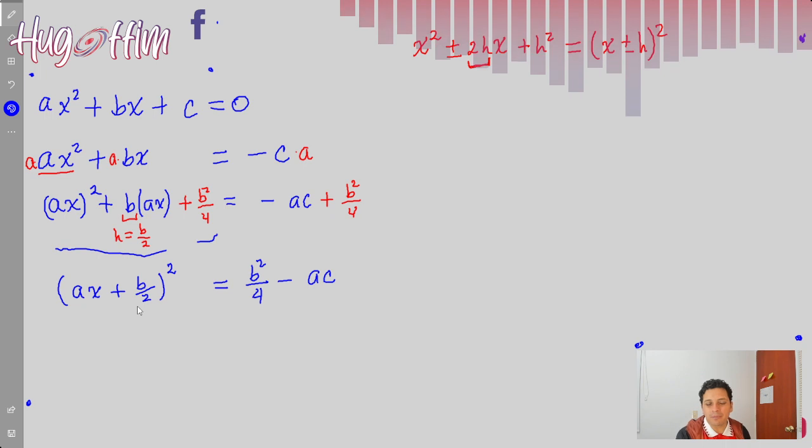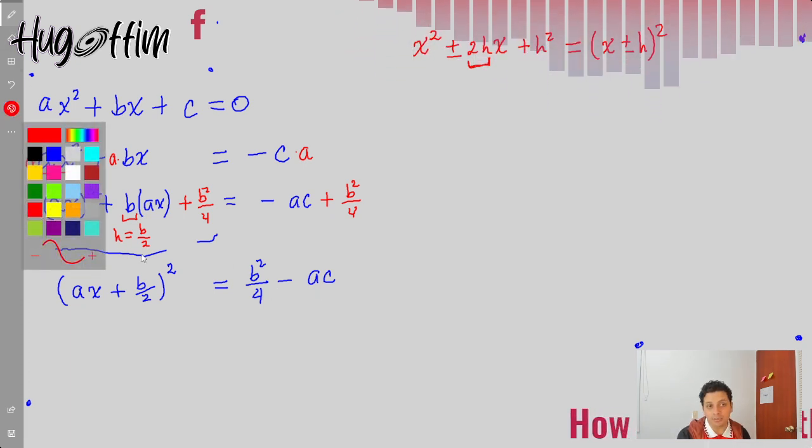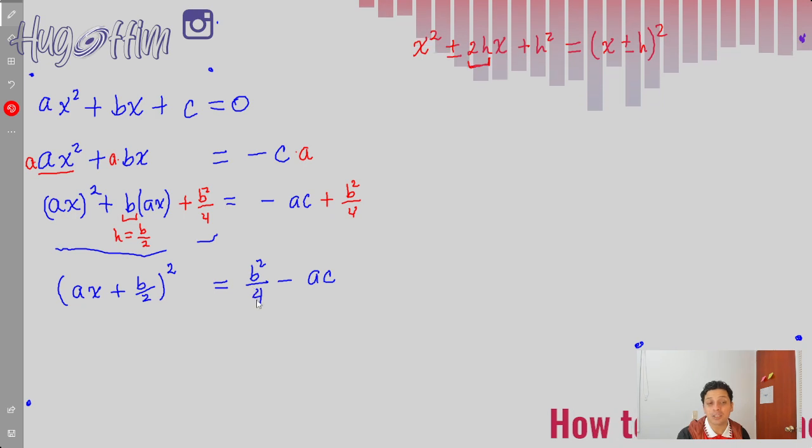Now what I'm going to do before applying the square root property is add the rational expressions. This is something that you should know already, but remember that we need a common denominator.